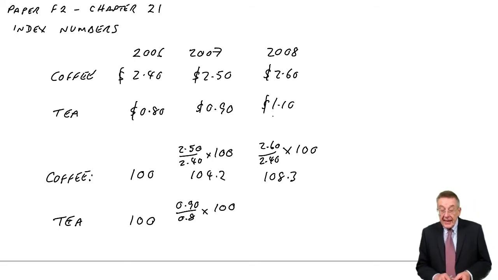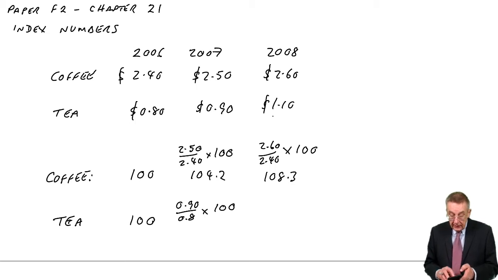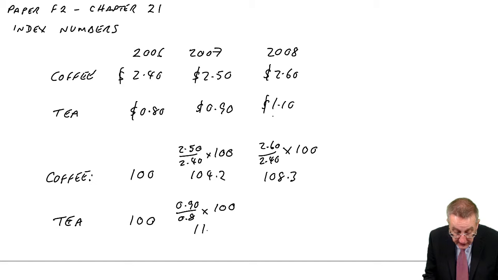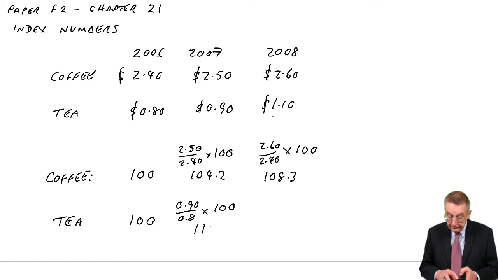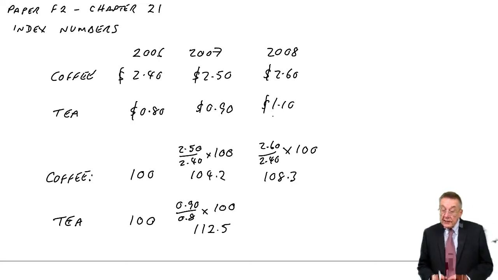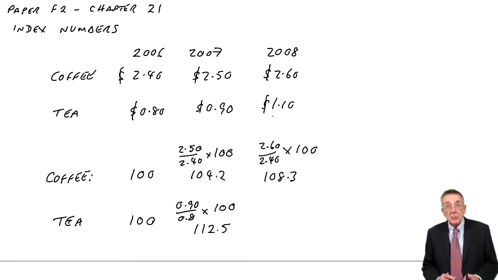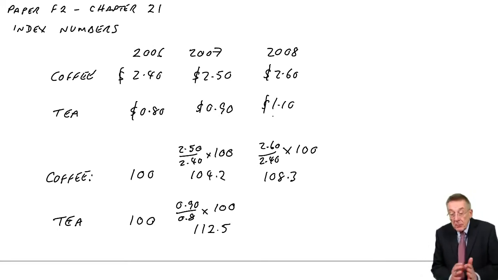The index for 2007 will be 100. No, that can't be right. Yes, 112.5.